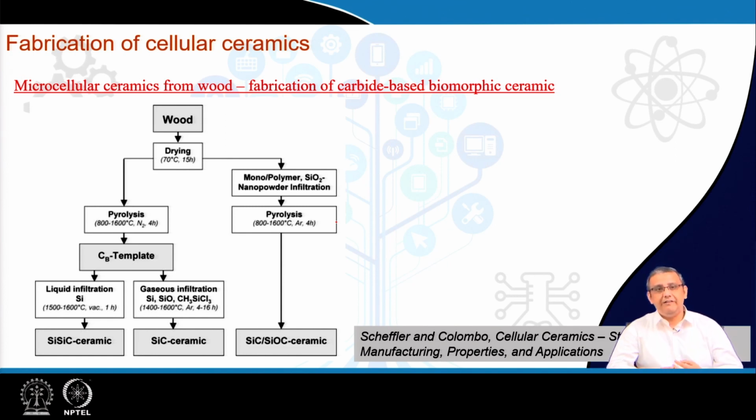One can also infiltrate with gases like silicon oxide or CH3SiCl3, and in this case one obtains only a porous SiC ceramic, and these porous bodies can have excellent mechanical properties depending upon the pore morphology and the initial structure.